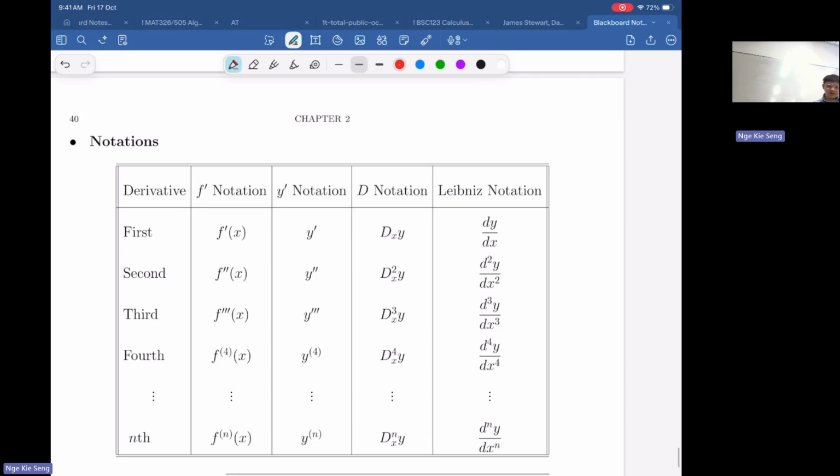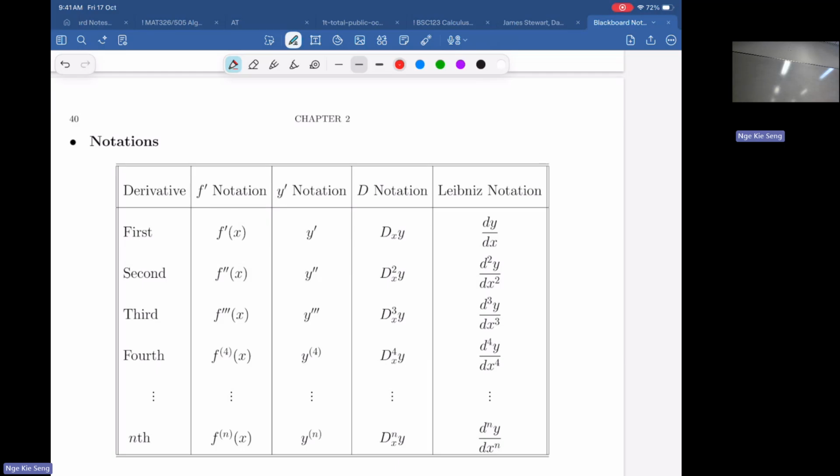So these are the notations you will see in the textbook or in future, or in your computer science course. Either you use the f prime notation, or you can also use the y prime notation, or you use the big D, capital D notation.